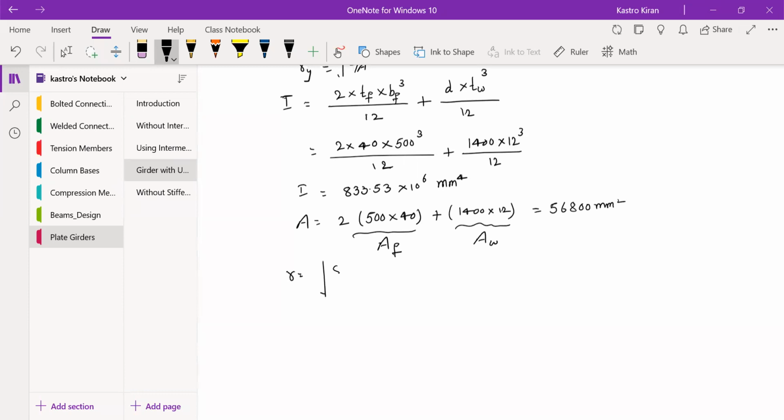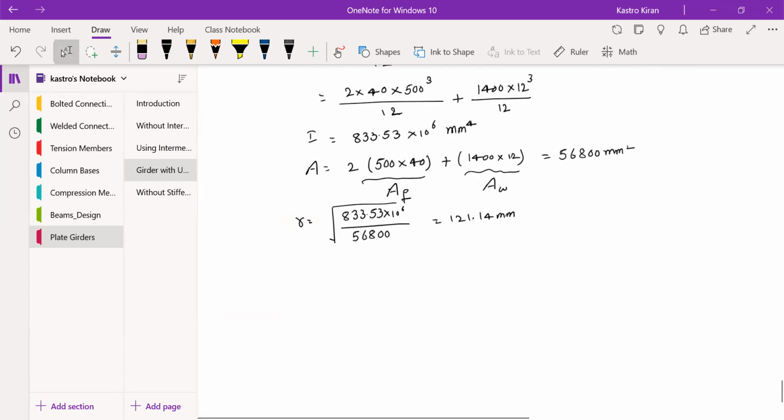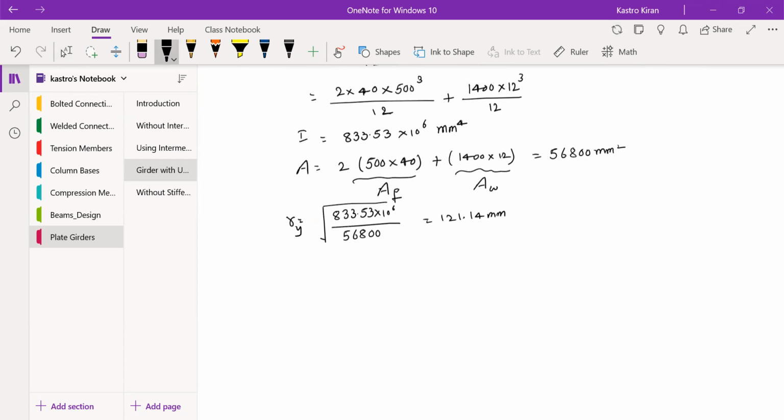So from this you can find out the value of Ry. That is root of 833.53 into 10 power 6 upon 56,800. The value of Ry upon calculation is 121.14. So with this data, you can find out the value of alpha S. Therefore, alpha S equals 30 upon LLT by Ry whole square.